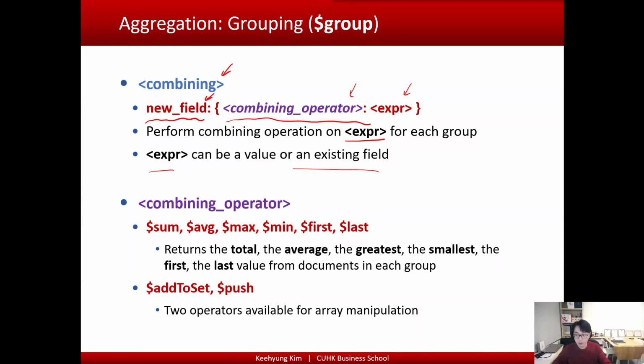I'll show you more examples later, but that's basically the basic syntax. The combining operators you can utilize are summation, calculating average, finding maximum, finding minimum, or simply finding the first document or finding the last document.